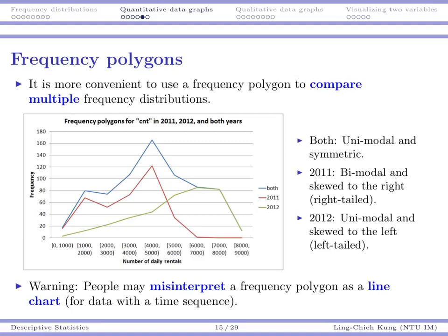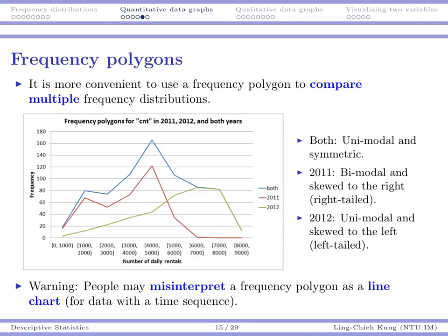Also, these 3 curves are symmetric, skewed to the right and skewed to the left. The blue one, something like this, is basically a symmetric distribution. There is a peak at the center, and its left half and the right half are roughly the same.